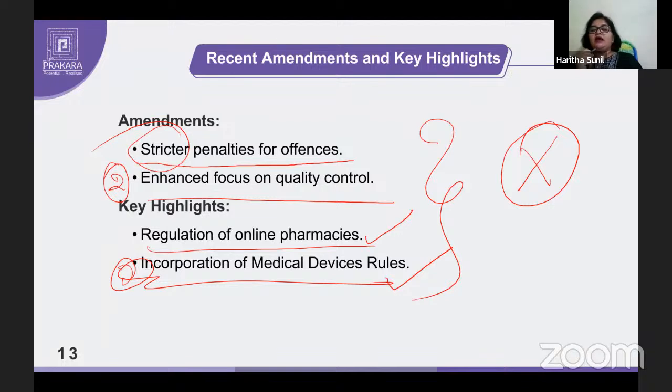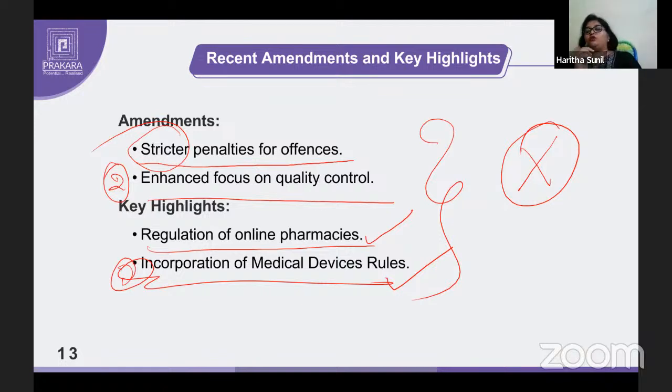This Drugs and Cosmetics Act is not just a legal obligation, but you should also consider it a moral responsibility to ensure public health as well as safety. By adhering to these ethical practices, the stakeholders can contribute to a healthier, safer society, and that also ensures the sustainability of the business.